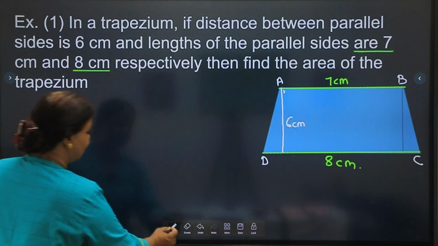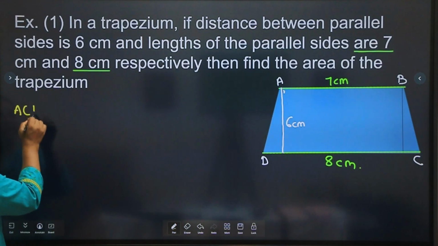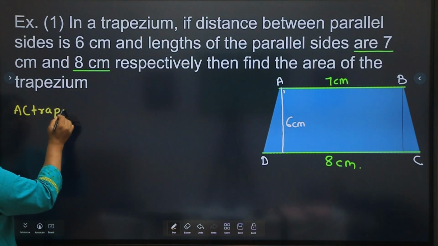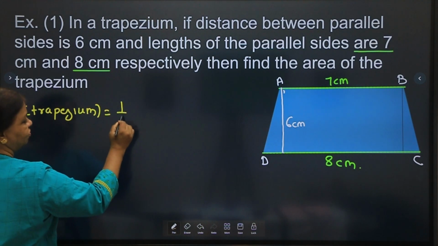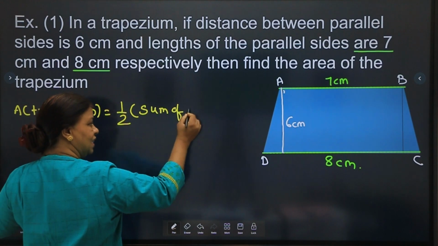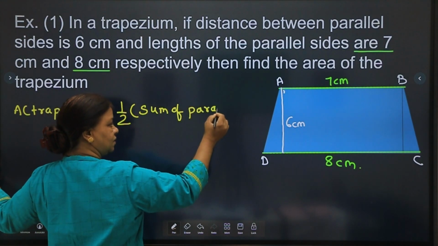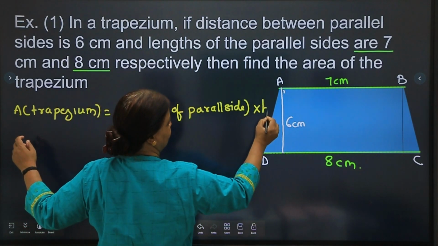Now only we have learned the area of trapezium. Area of trapezium is equal to half into sum of parallel sides into height.